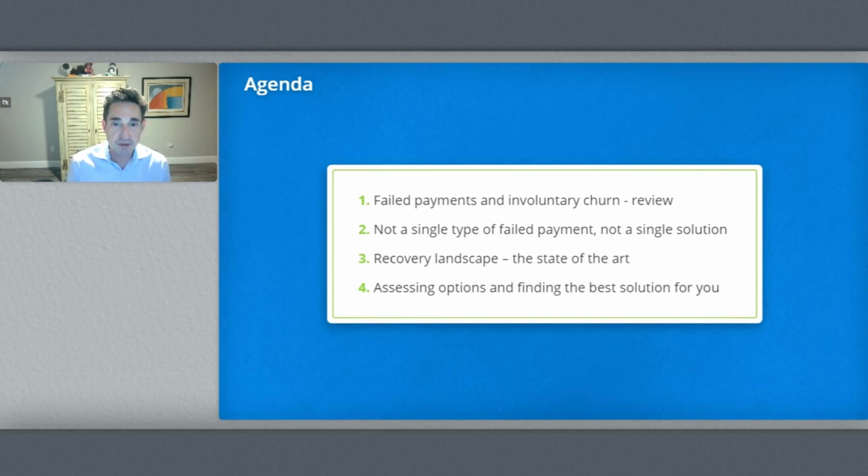Now, today we're going to go through this topic in detail, and I think it's so important to really understand failed payments and the root causes and have a total picture of what impact it has on your organization, because this perspective is so important to understand the different types of failed payments and what customer reactions are to them.